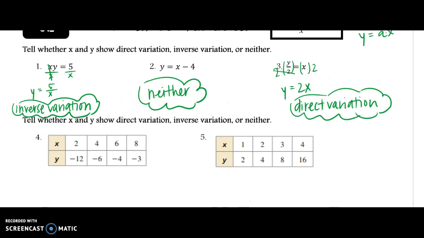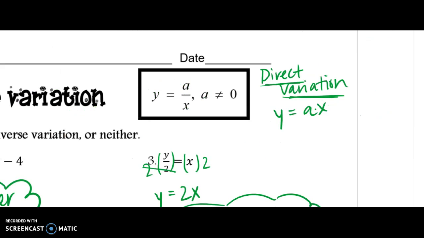Okay, now this time we're given a table, and we also need to figure out whether we have direct variation, inverse variation, or neither. Okay, up here, if you do y times x, we're going to get a. For direct variation, we would do y divided by x equals a.